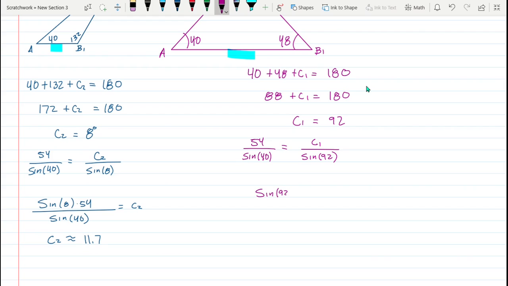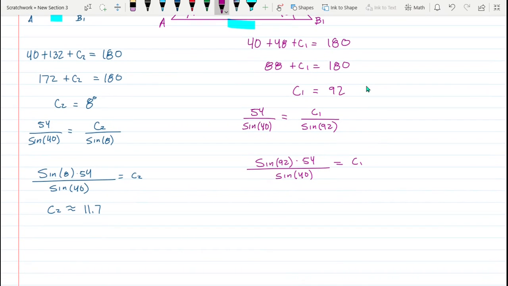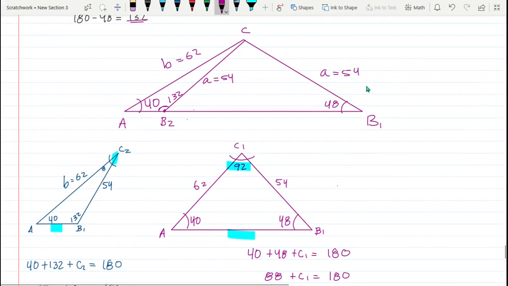Sine of 92 times 54 over sine of 40, and that equals C1. And so C1 is roughly 84 units.